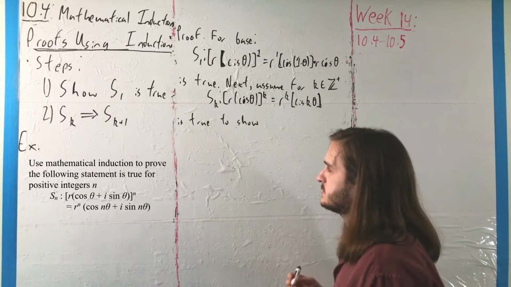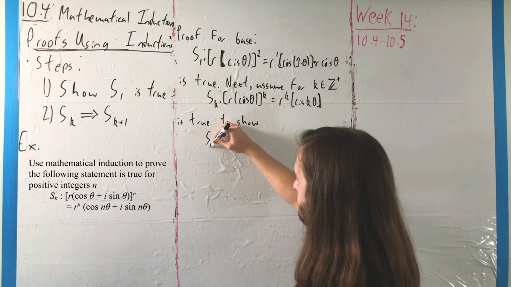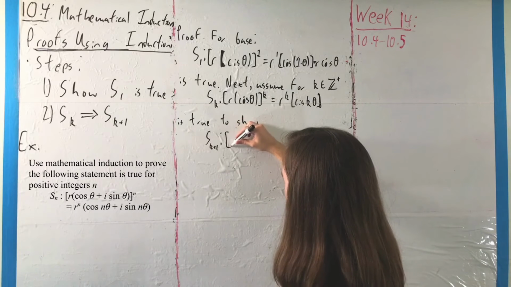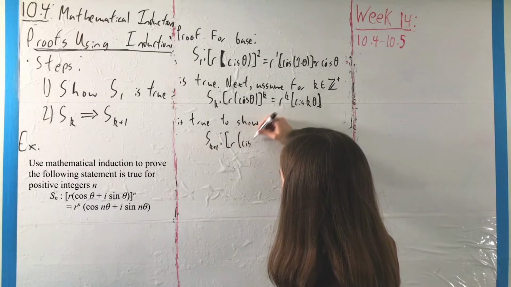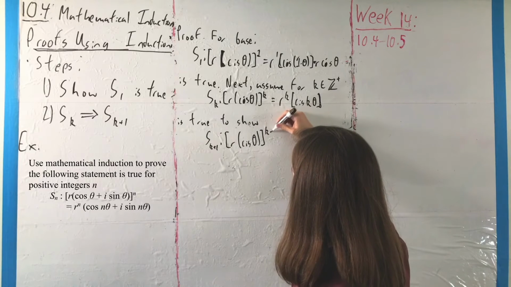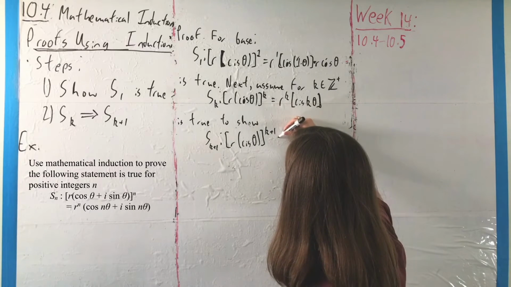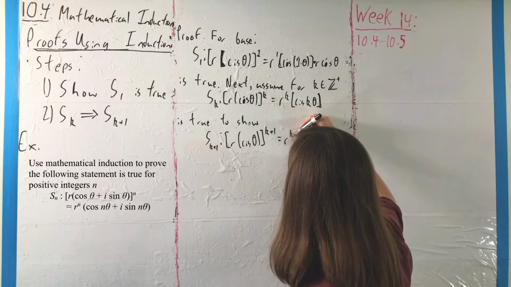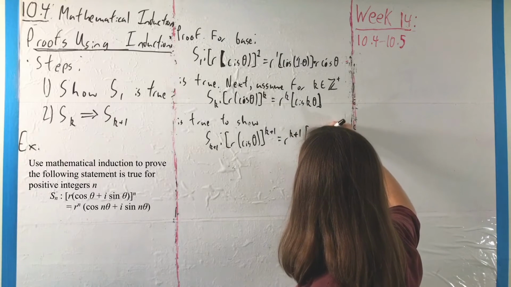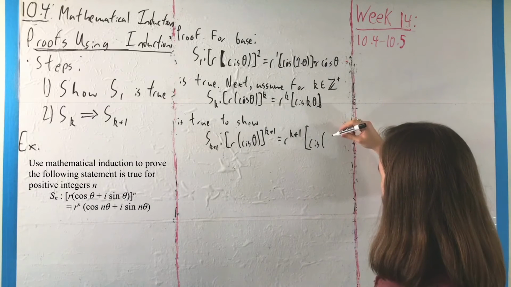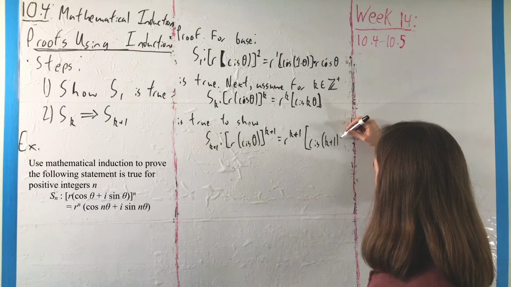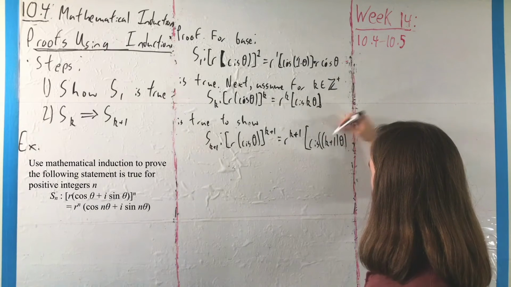To show that the k plus 1 version, where that is the slightly uglier r CIS theta to the k plus 1 is equal to r to the k plus 1 of CIS k plus 1 theta.